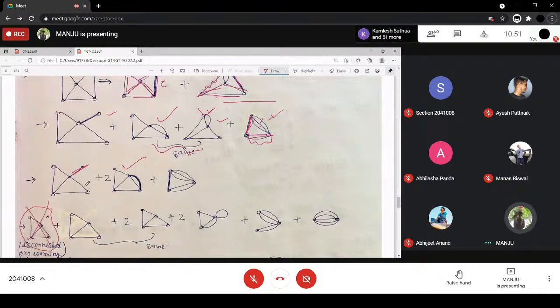We will discard that. After contracting it, this will be to this point only, to form this kite now, and for the kite we already know how many spanning trees exist. 8, right? 8, ma'am. So for this one and this one, both will be 8.